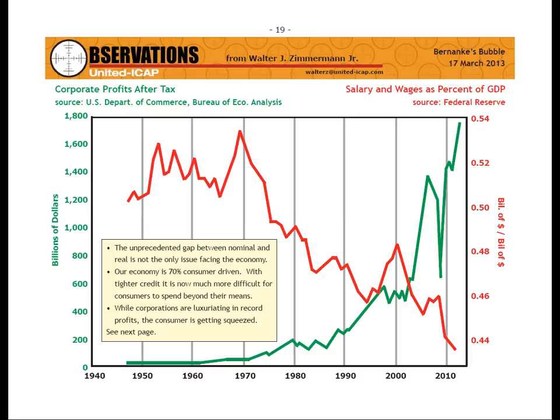The other affliction here is the extent to which corporate profits are dominating, or replacing, or subverting salary and wages. Here we look at corporate profits after tax in billions of dollars in green, and salary and wages as percent of GDP. These are the salary and wages that drive the consumer economy.